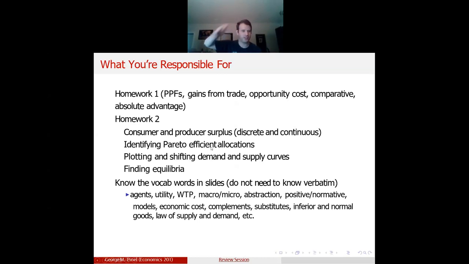The higher the price is, the less people want to demand a particular good. So the demand function should be sloping downwards. And that's true for virtually every good. There is a very theoretical type of good that has an upward sloping demand function that we don't really want to worry about in this class.